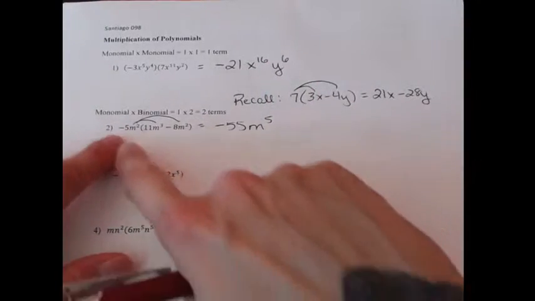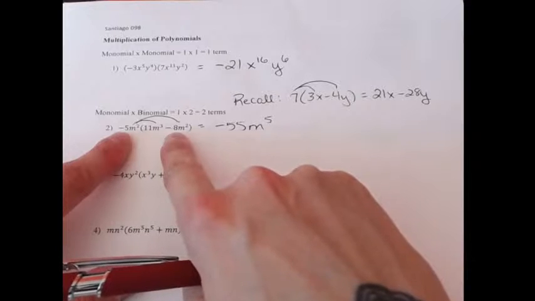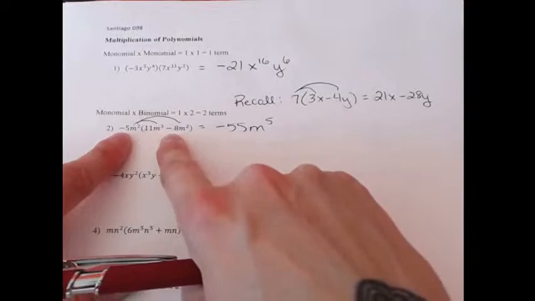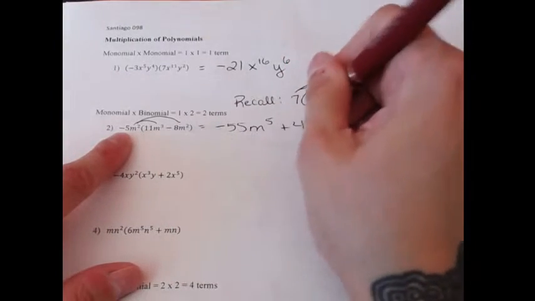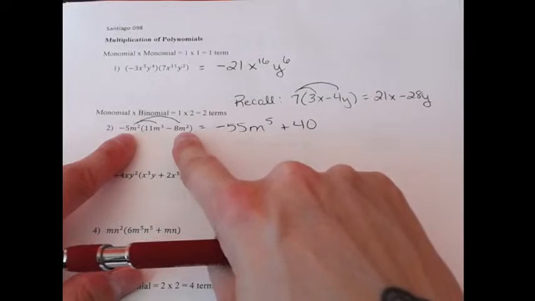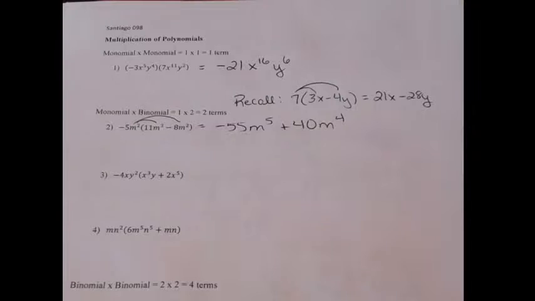Now we're going to distribute the -5m squared to the -8m squared. Let's start with the numerical bases. -5 times a -8 is a +40. And then m to the 2nd power times m to the 2nd power is keep the base, add the powers, m to the 4th. And that's all you have to do.